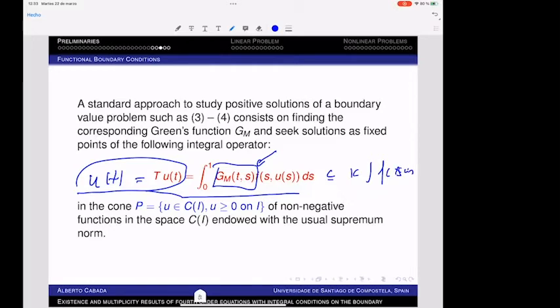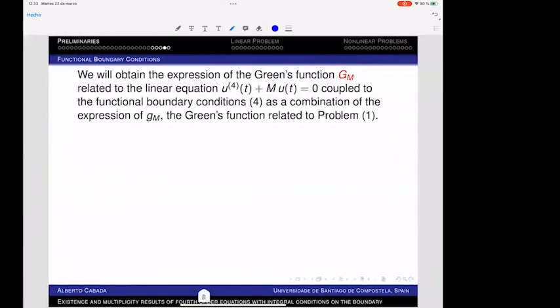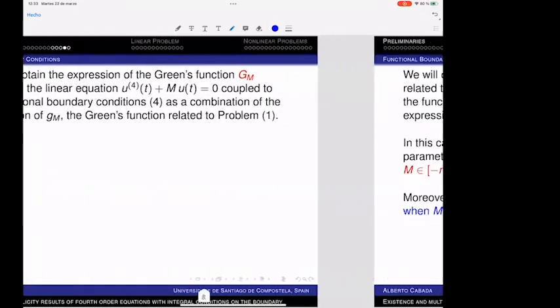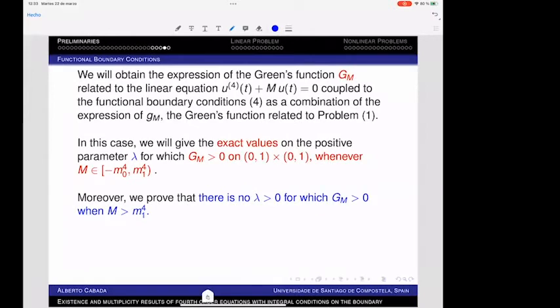So we can get some a priori estimates. The expression that we did is this. We obtain the exact values of lambda for which the capital G is positive. Remember, it's positive because we move f to the left side; we are not speaking equal to f, we are speaking equal to minus f.